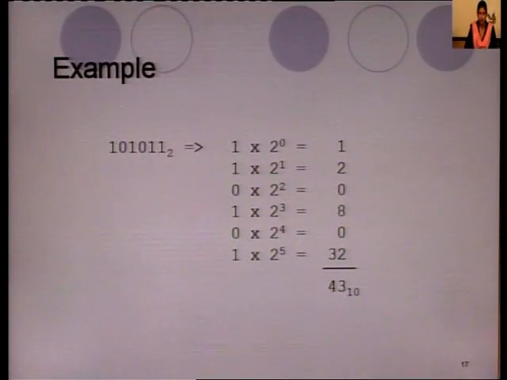Starting from the rightmost bit: 1 into 2 raised to power 0, 1 into 2 raised to power 1, 0 into 2 raised to power 2, 1 into 2 raised to power 3, 0 into 2 raised to power 4, 1 into 2 raised to power 5. Then we add all the results: 1 plus 2 plus 0 plus 8 plus 0 plus 32. It results in 43. The base of the result is 10, that is the decimal number system.